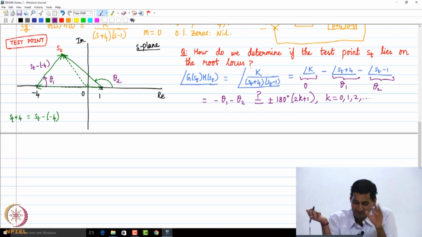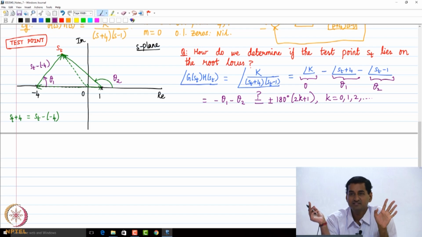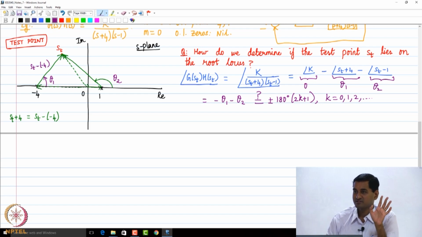If I consider an arbitrary test point and evaluate that test condition, and the test point satisfies this angle condition, then I can say that the test point St is on the root locus. That is how we are going to evaluate the root locus.